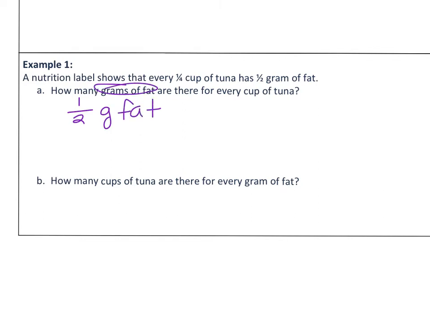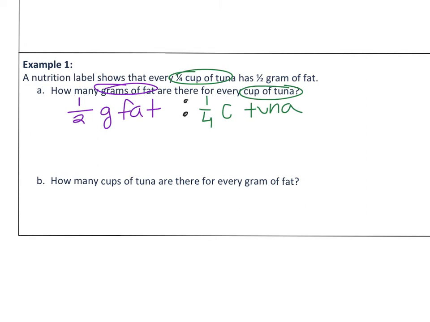Okay, since grams of fat were listed first, I have to put that first in my ratio. 1/2 gram of fat to 1/4 cup of tuna. So that's just my rate.